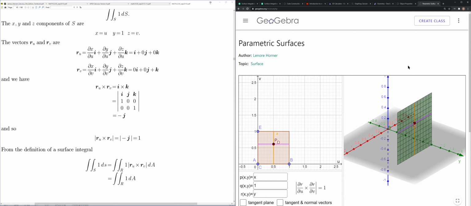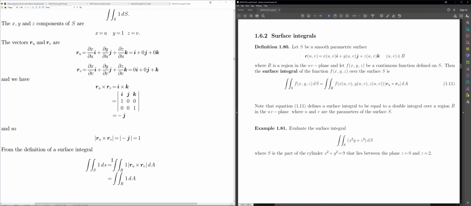So to work out this surface integral where you integrate 1, to get the surface area, that turns out to be equal to a double integral, and the double integral here has just 1 on the inside.